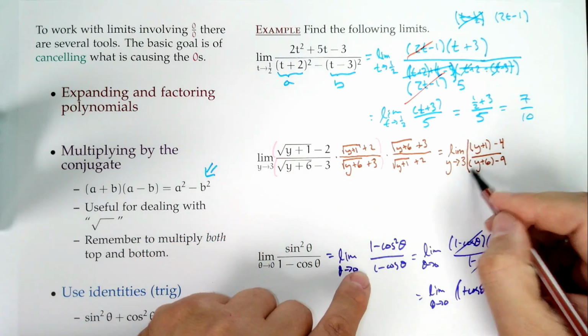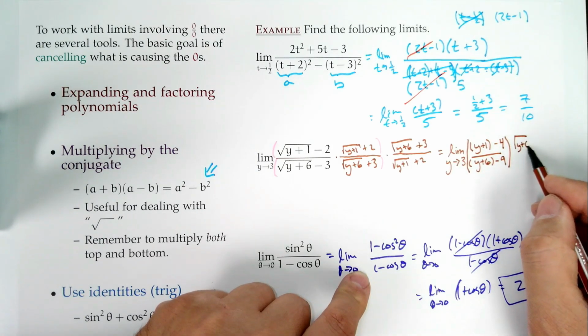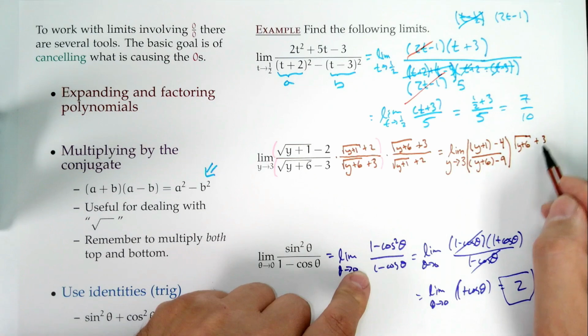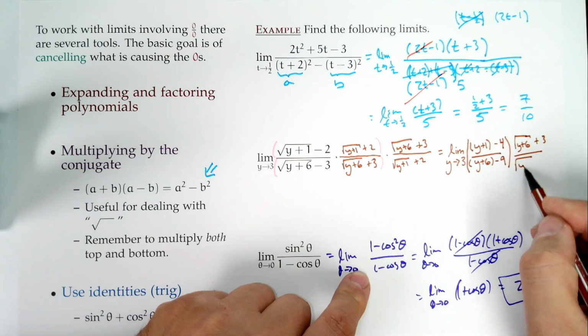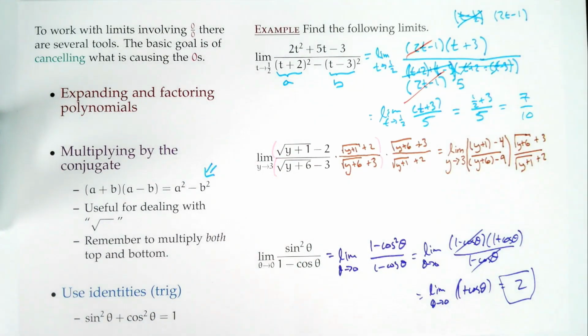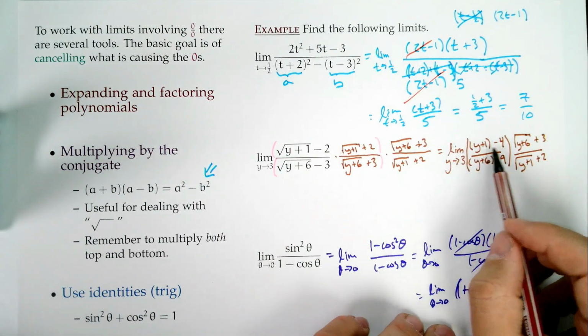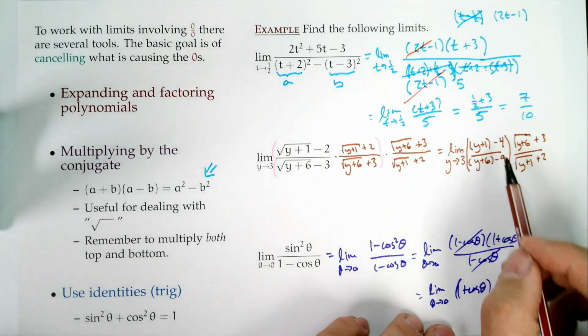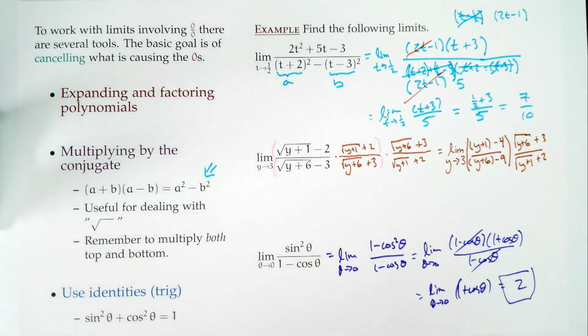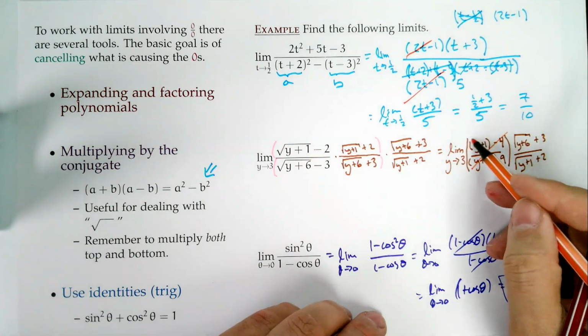All right, that's the first part, and then we have this other part: y plus 6 plus 3, square root of y plus 1 plus 2. And again, the limit is the whole thing here. Now looking at this, what do we see? We see a y plus 1 minus 4. That's really y minus 3. Y plus 6 minus 9, well, that's also a y minus 3. So what happens is these two terms cancel.